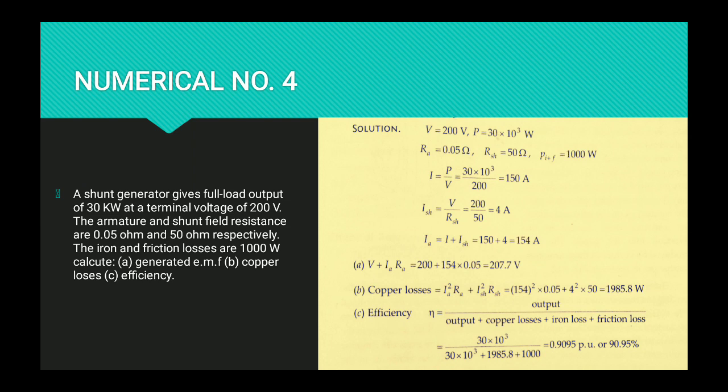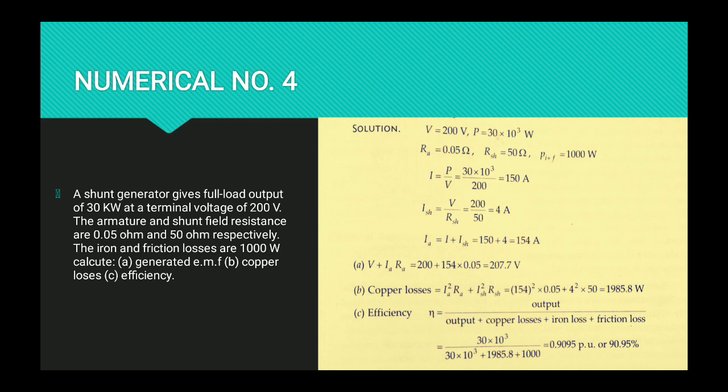And in case of shunt generator, IA equals to I plus ISH, because the armature current is divided into two parts. One is fed to the load circuit and another is to the shunt field resistance, that is RSH. So the armature current equals to 150 plus 4, that is 154 ampere. That is the generated current or armature current.